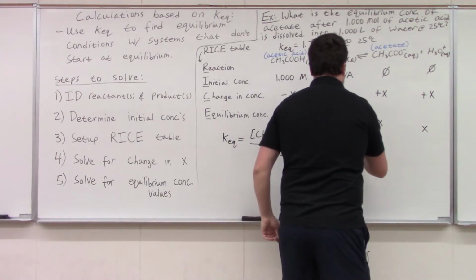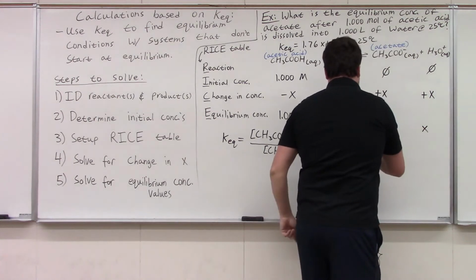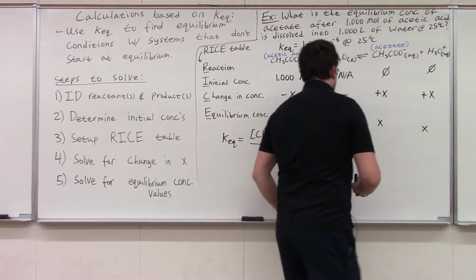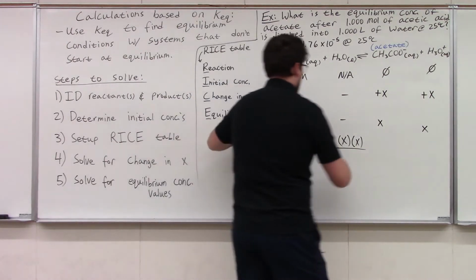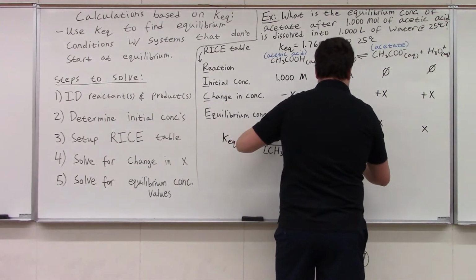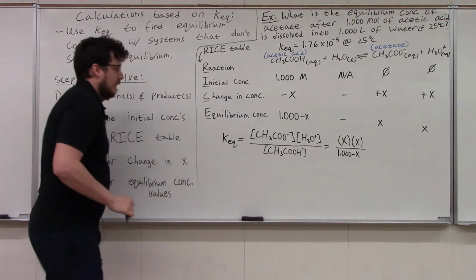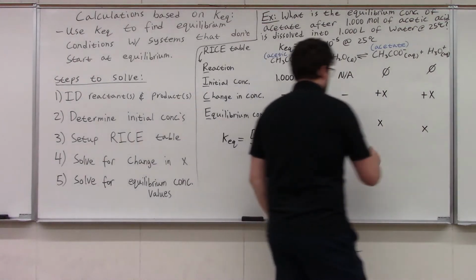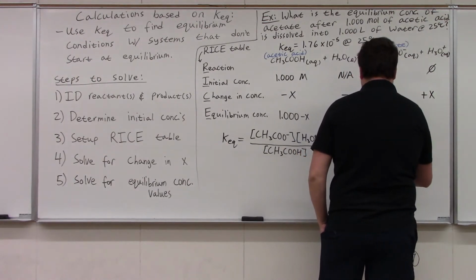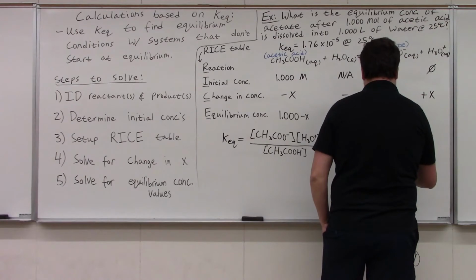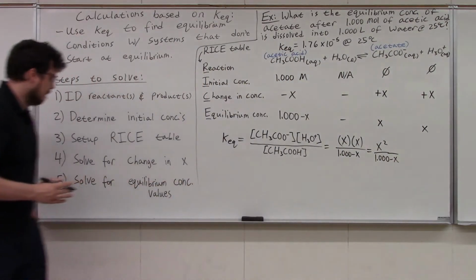At equilibrium, it is X. Concentration of this guy, it is X. Concentration of this guy right here, 1.000 minus X. So this is X squared over 1.000 minus X.